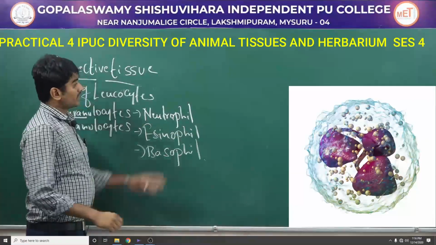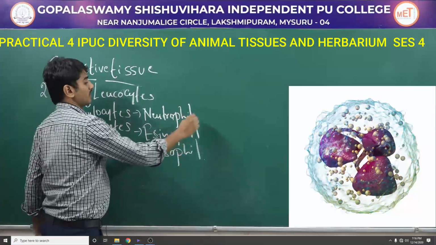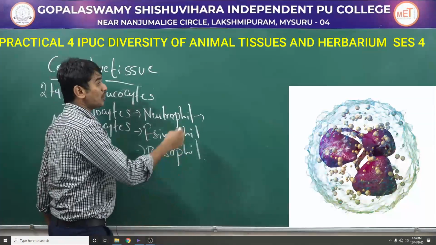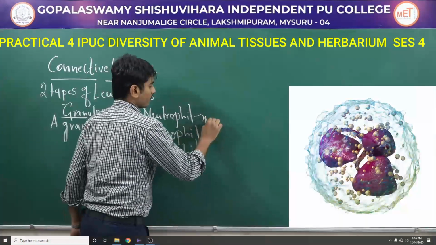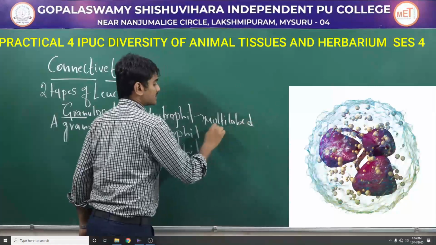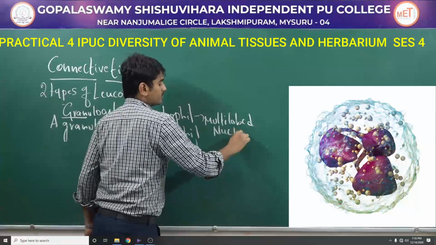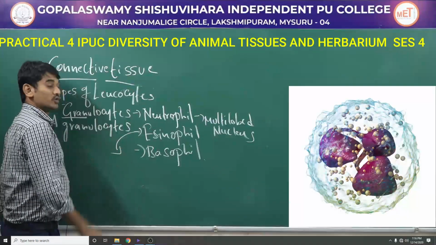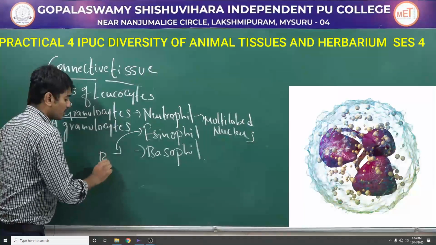On the right side we can observe the neutrophil, a granulocyte. It shows a multilobed nucleus, and the eosinophil shows a bilobed nucleus.